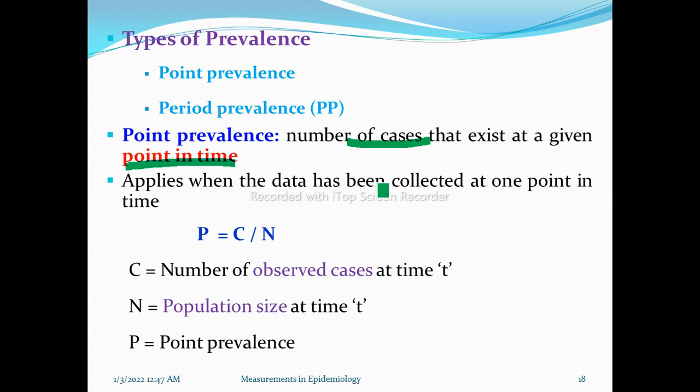It applies when the data has been collected at one point in time. So point prevalence is equal to the number of observed cases at specified time t, over the population size at time t.